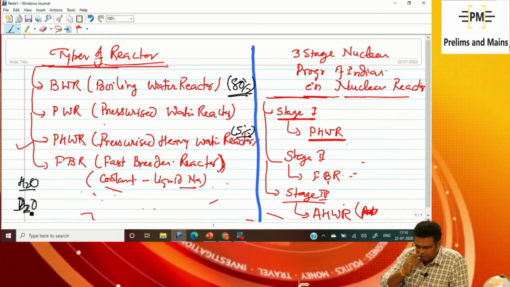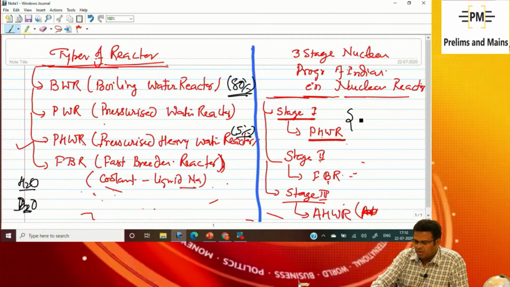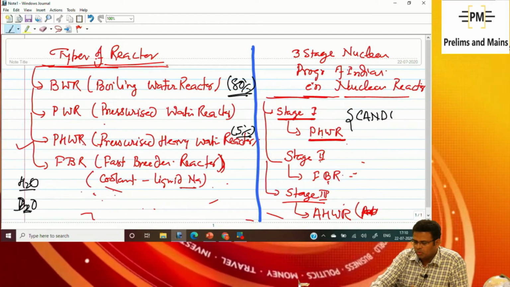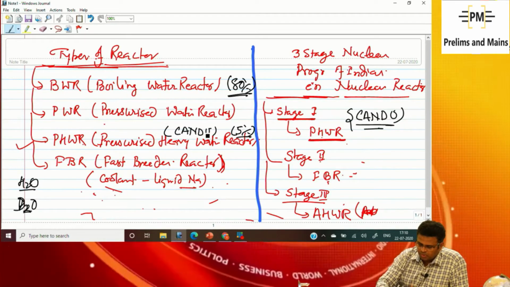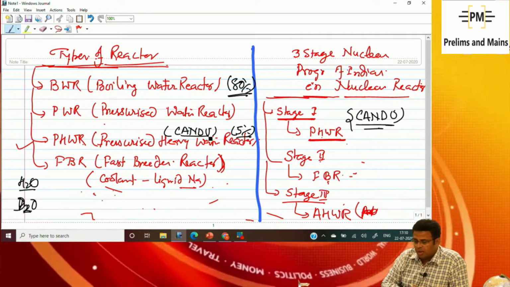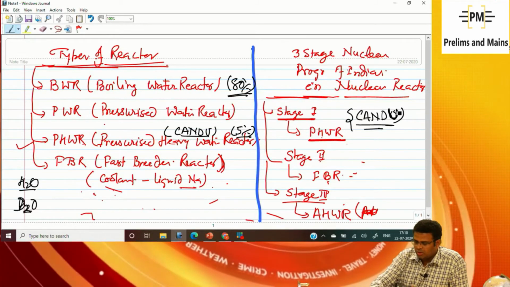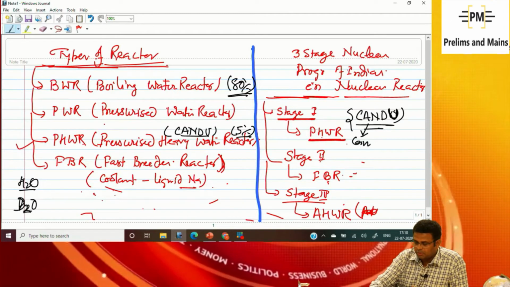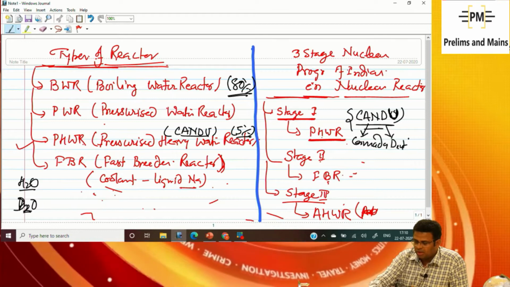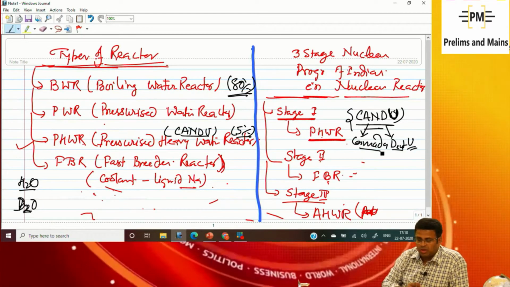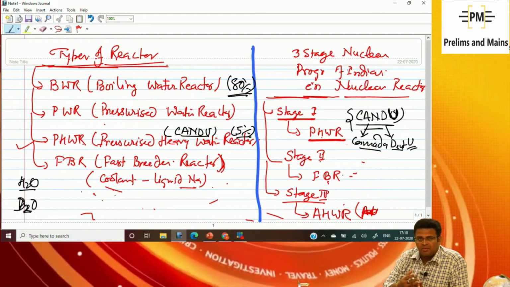CAN for Canada, D for deuterium, U for uranium. So what is the full form of CANDU? Canada, deuterium, uranium, and deuterium means heavy water.